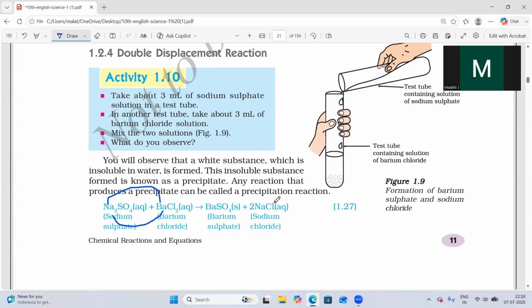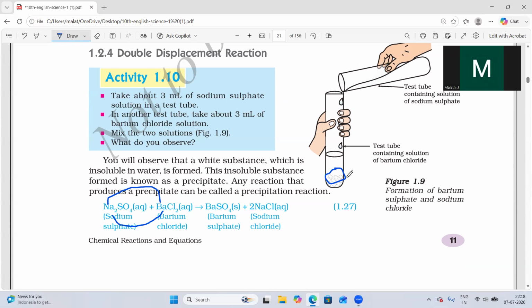If you take a barium chloride solution, it will be present in the test tube. If you observe here, there is a precipitate, which means an insoluble substance.